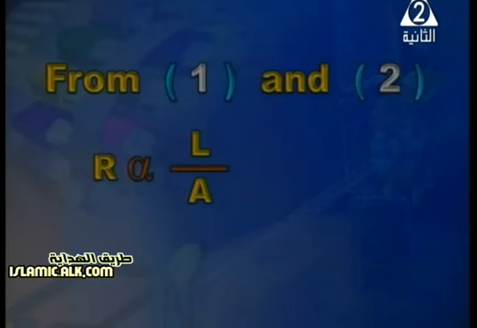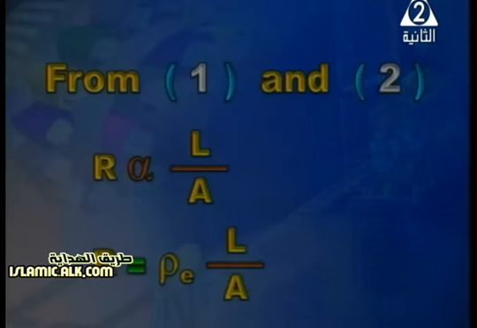Once again, this constant is known as the resistivity of that material, or a specific resistance. We want to define resistivity. Resistivity of a material depends on temperature.